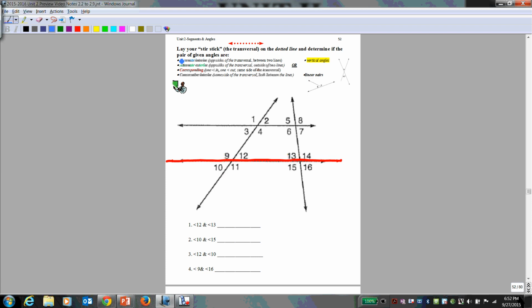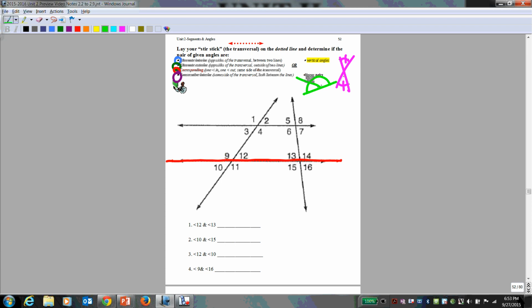You're going to determine whether it's alternate interior, opposite sides of the transversal between 2 lines, alternate exterior, opposite sides of the transversal outside of 2 lines, corresponding, 1 in, 1 out, same side, consecutive interior, same side of the transversal between the lines, or, watch out, from a previous lesson, vertical angles, which are congruent, or, there's one more, share a spine, make a line, linear pairs.